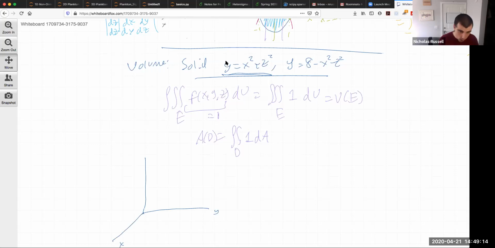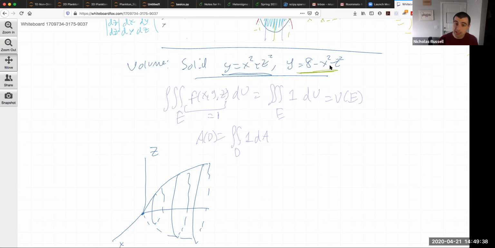So x, y, and z here. We start at 0, and we kind of go off in this direction here. And it's this paraboloid, right? This is in the positive x direction, positive y direction, and it gets bigger and bigger and bigger as we go forward.